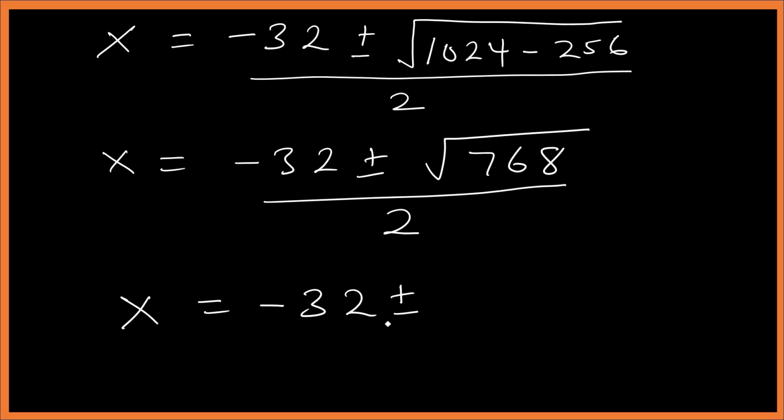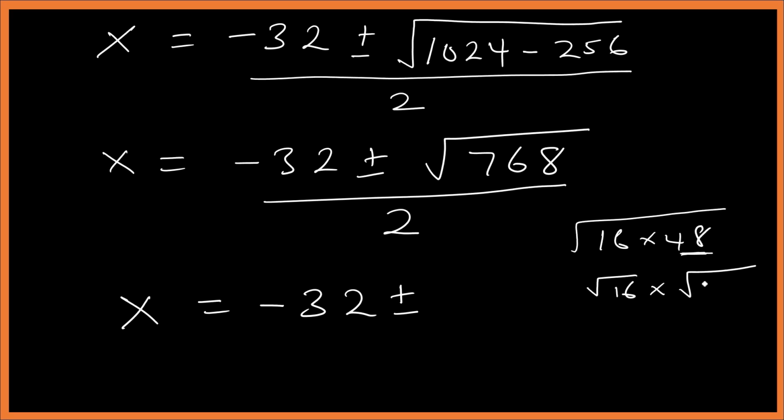Now let's do this one. 16 times 48 is 768, and we can still break this one down. So it will be 16 times 48, and this side will be 16 times 3.